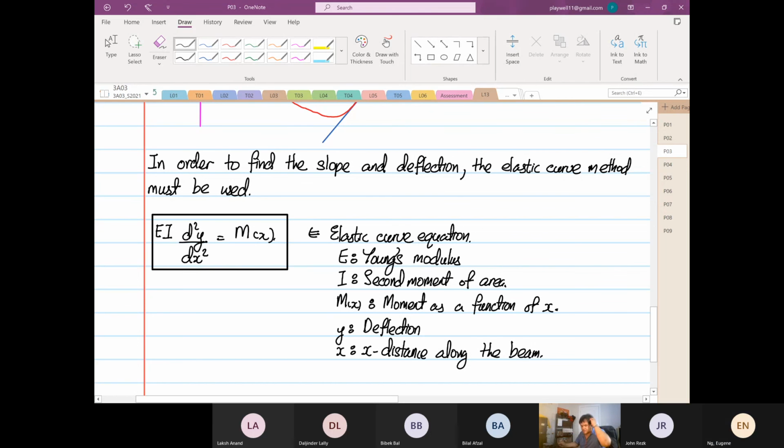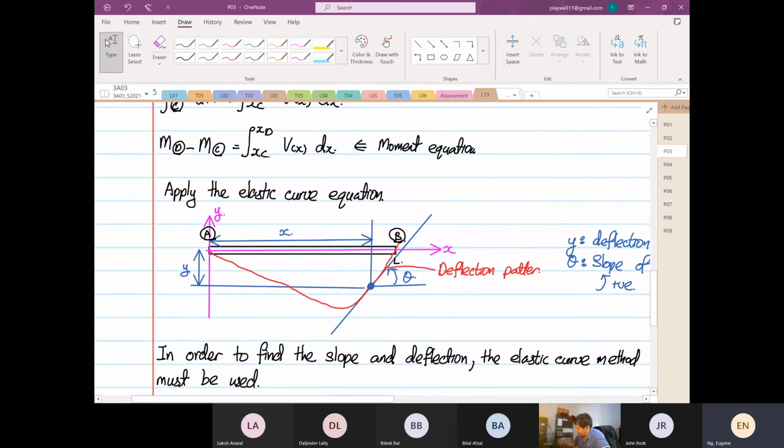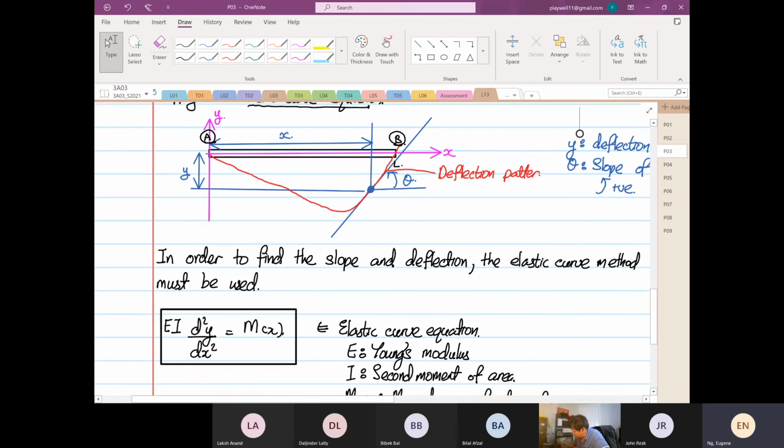Okay, so now if we look into where we stopped before I talked about the elastic curve, we realize that we have a moment equation down here already. Yes or no? So this moment equation is substituted into here.